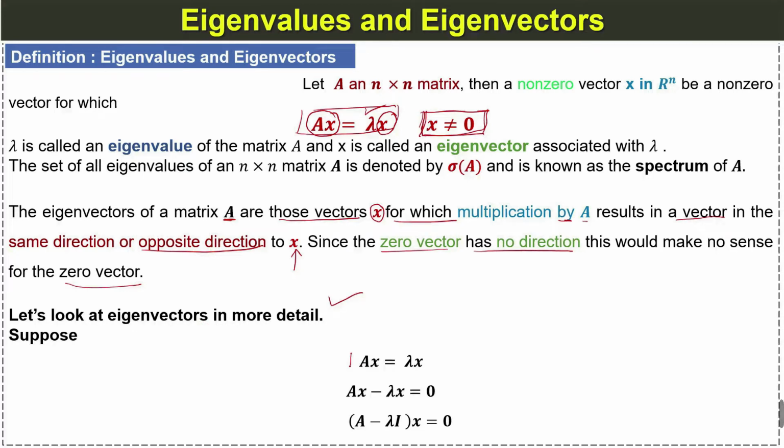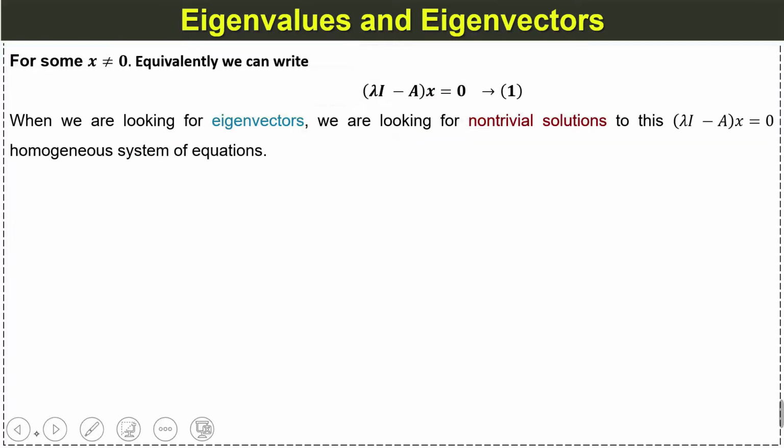Suppose we have the operation that the product of a matrix and a vector is again a vector. Okay, so we write this one like that. Okay, we can take this one equal to the left side of the equal sign, and this is equal to this one, and this one is equal to this one. Okay, so here we took the vector x common. Okay, next, for some non-zero vector, meaning for some x not equal to 0, equivalently we can write this one.